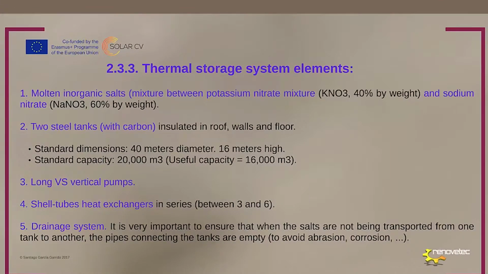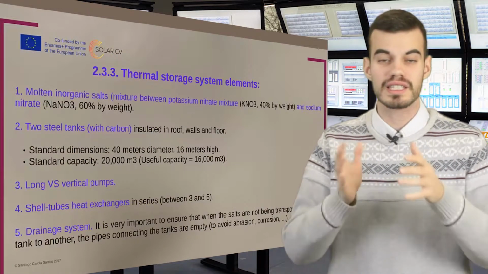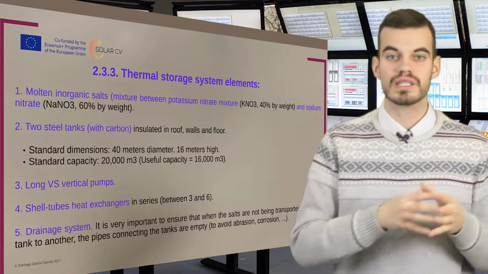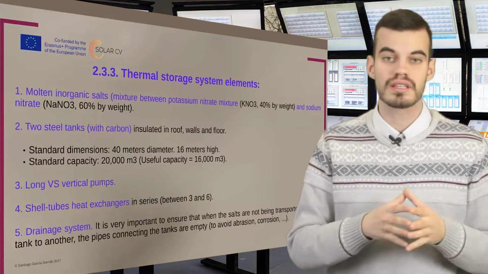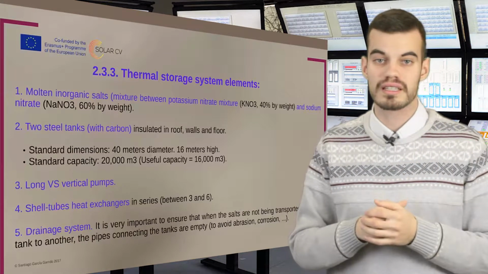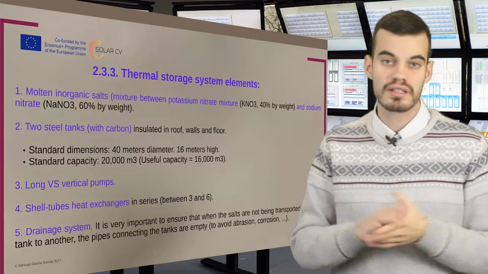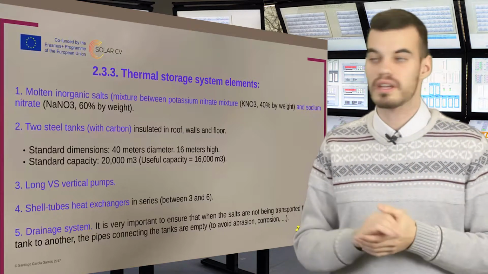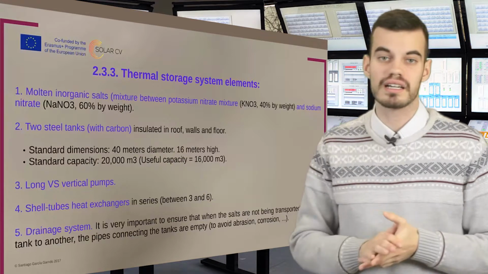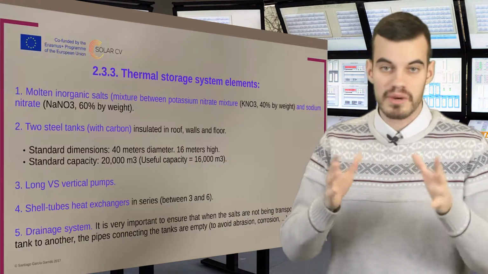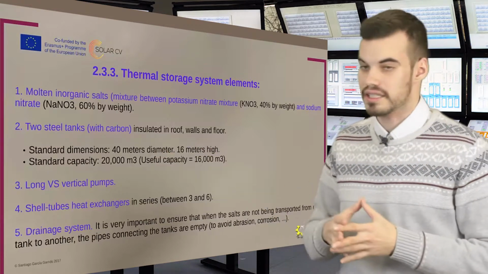Now, the most mature technique is the storage in the form of sensible heat of inorganic molten salts, but with two tanks. The main elements of this process are the following: molten salts, which are a mixture of sodium nitrate and potassium nitrate, with percentages of 40 and 60.